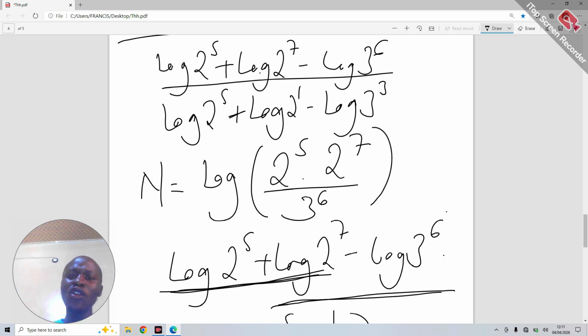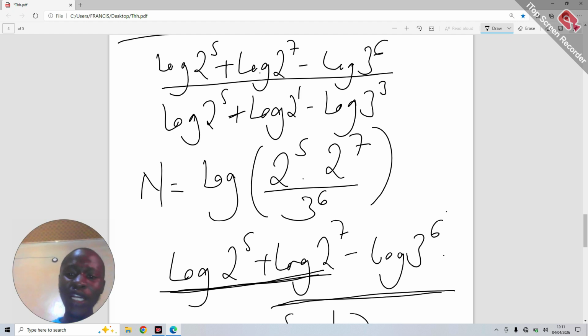There is no law of log that combines 3 logs. It's only 2 logs with the outcome, or in some questions, 1 log and the outcome.